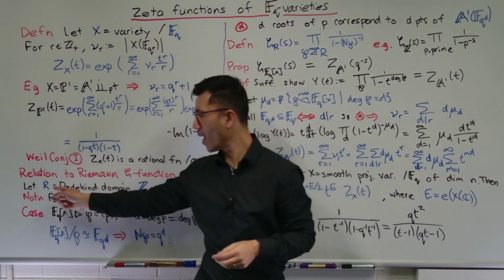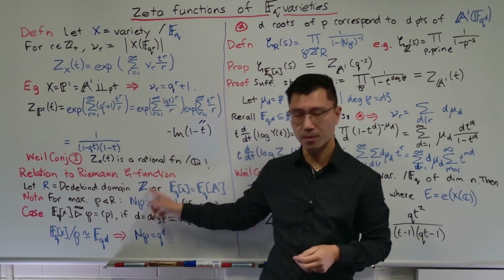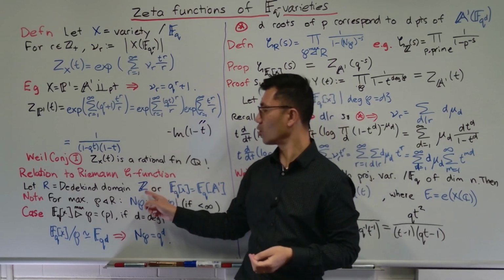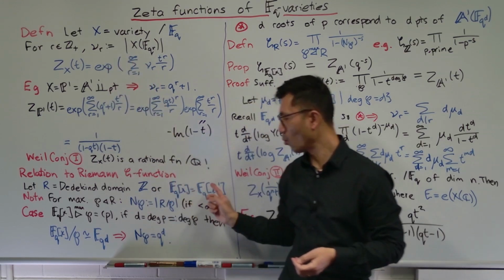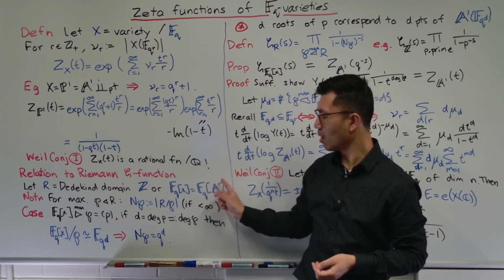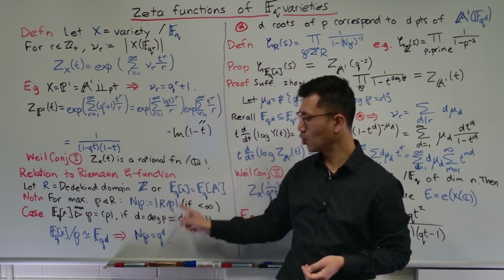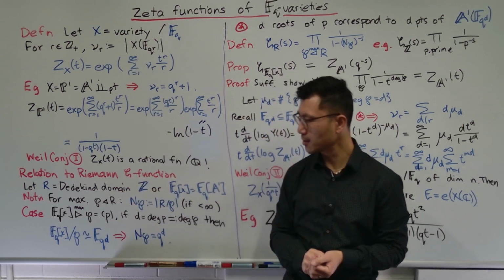Okay, so for now, let's suppose R is one of the following two Dedekind domains, either Z, or let's look in the special case where X equals A^1, and there the coordinate ring of this A^1 over F_q is just a polynomial ring F_q[x]. So they're both Dedekind domains.